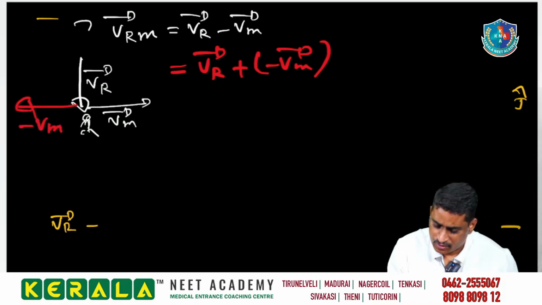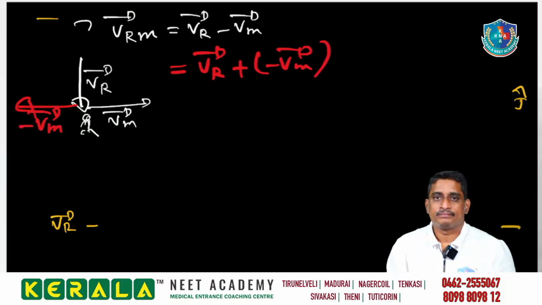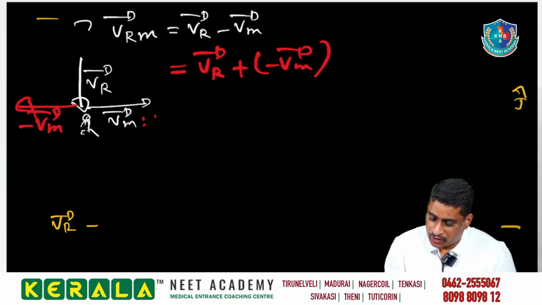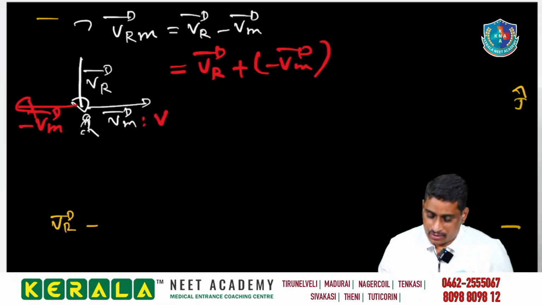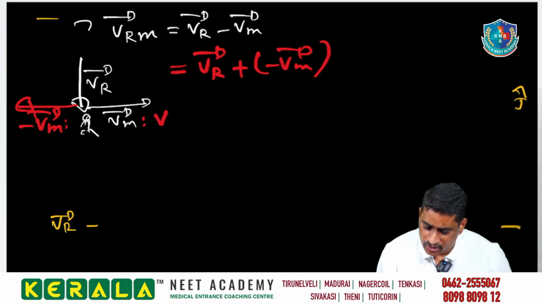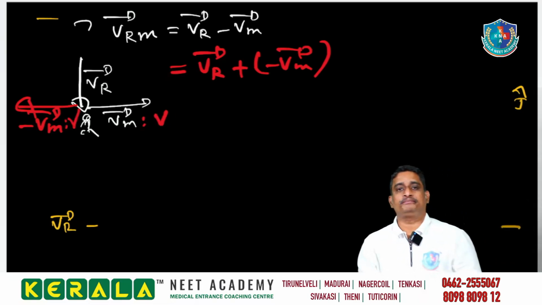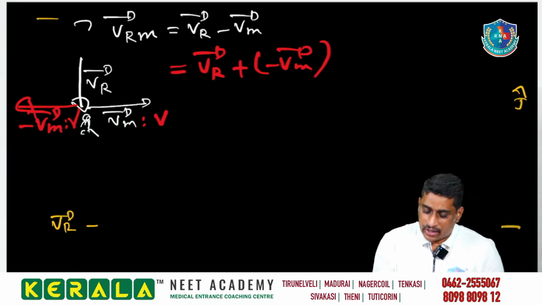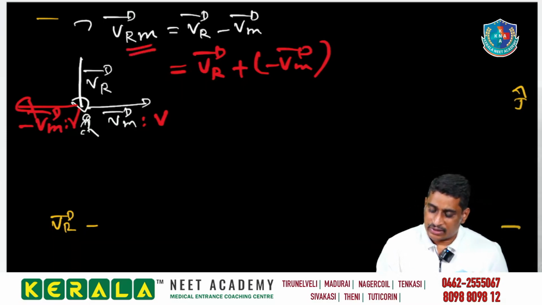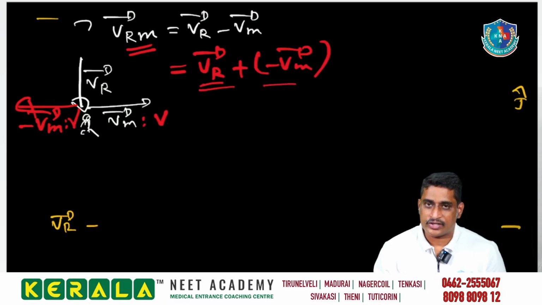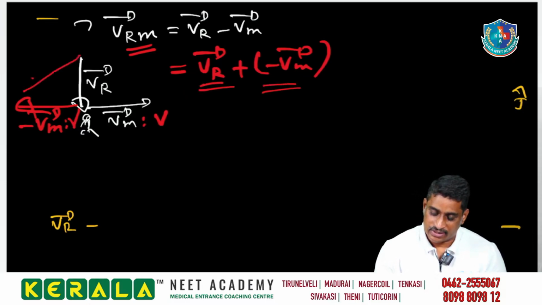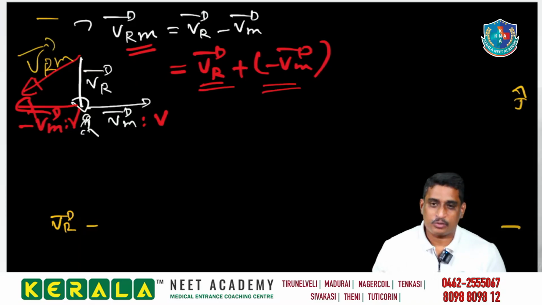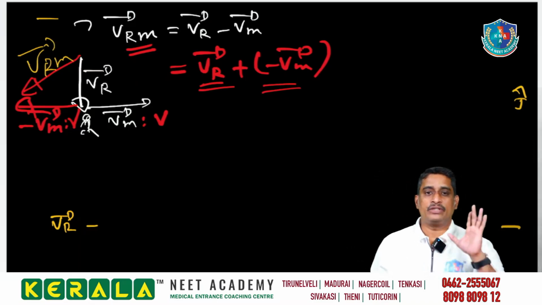If magnitude of Vm bar is V, the magnitude of minus Vm bar also will be V. Here Vrm bar is the resultant of two velocities: one is Vr bar and the second is minus Vm bar. So that resultant will come like this. This is nothing but velocity of the rain with respect to the man.